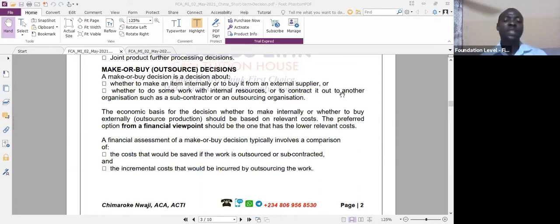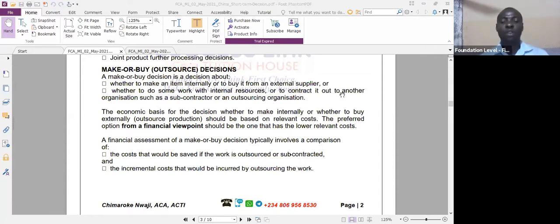Now, what are the relevant costs that are involved here? If you want to make the product yourself internally, that means you're going to be looking at material costs and more especially labor costs for that product.